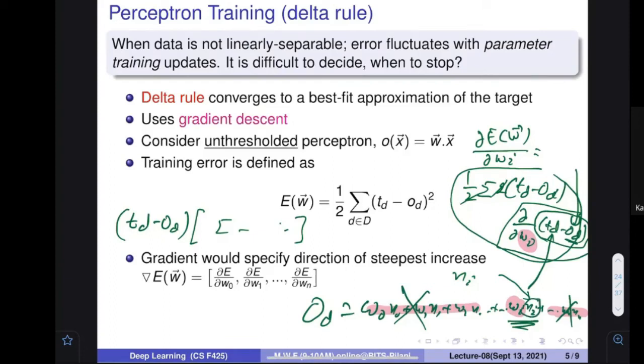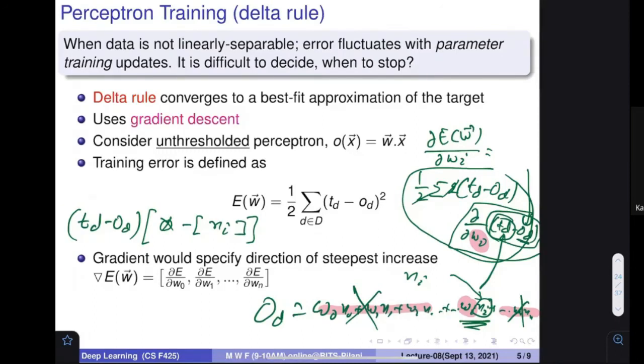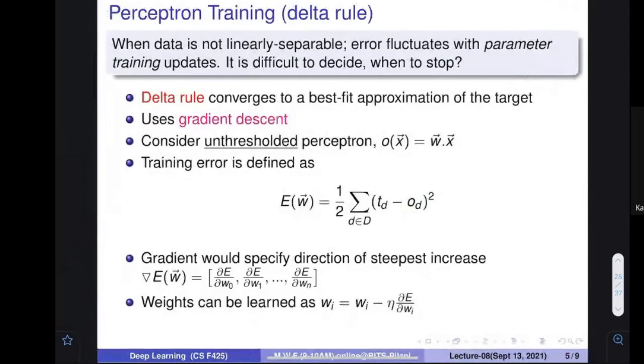So here inside I get 0 minus xi. It is td minus od, and this 0 goes away, so minus xi comes out to me.